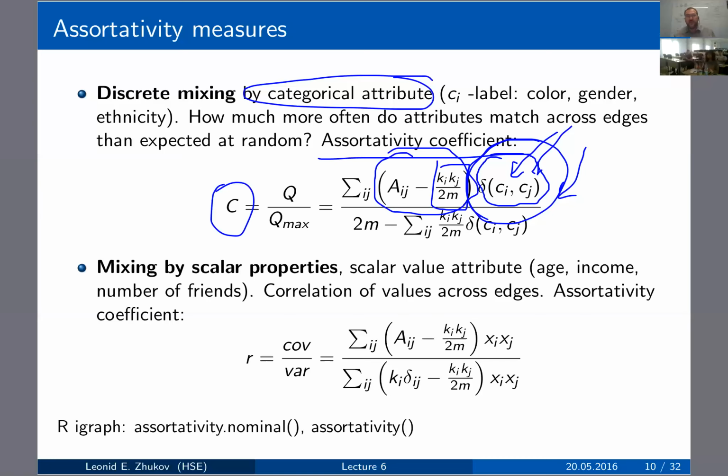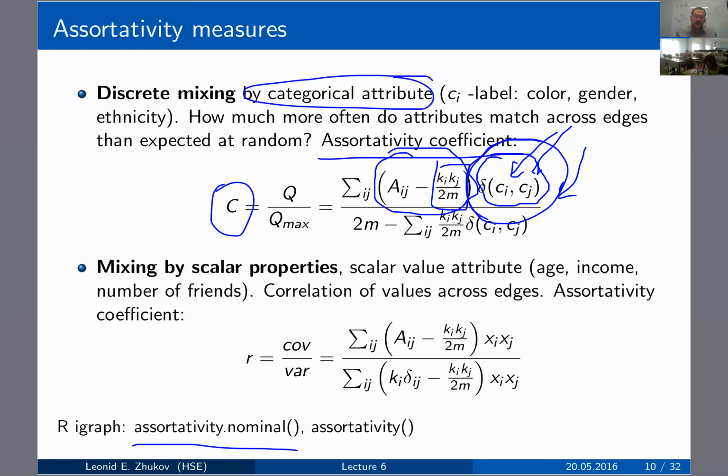So we can actually measure it. Now, in R igraph, it's called assortativity. That's the command you can look up. You can just give one command and you'll see whether your network, based on the type of nodes you use, is assortative or disassortative.